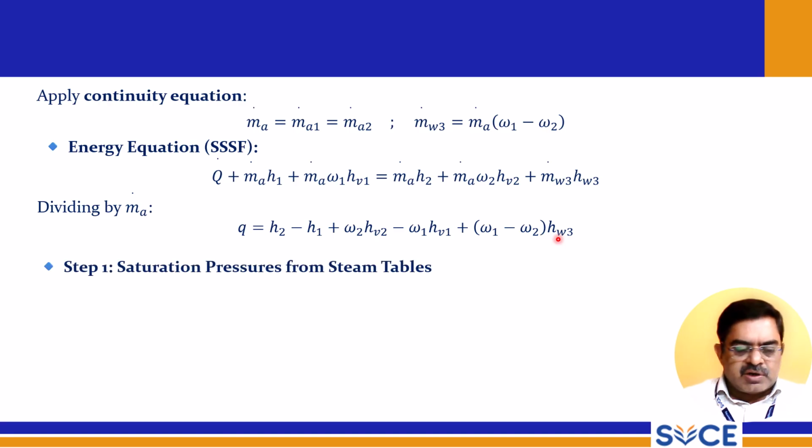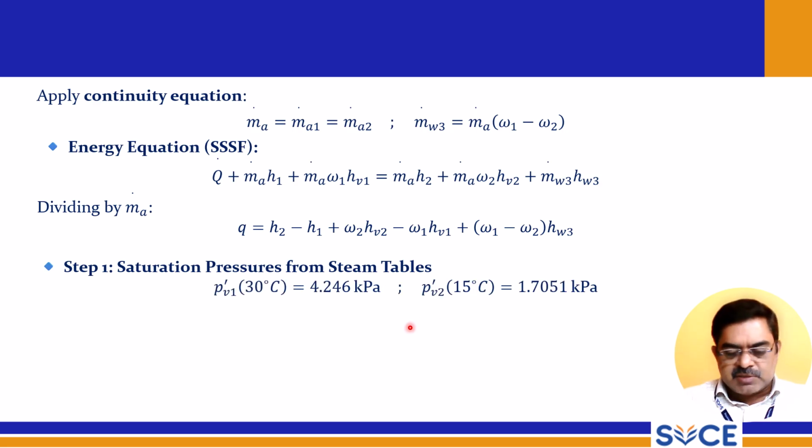So step 1, we have to find the saturation pressures from steam tables. Always keep steam tables with you. P_v1 sat at 30 degrees Celsius equals 4.246 kilopascal. P_v2 sat at 15 degrees Celsius is 1.7051 kilopascal.